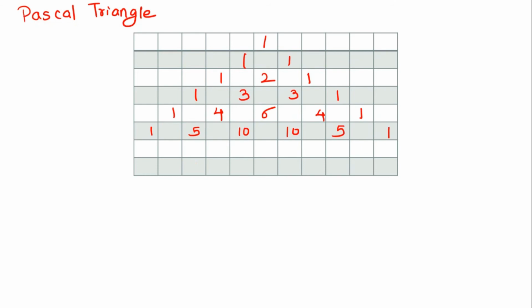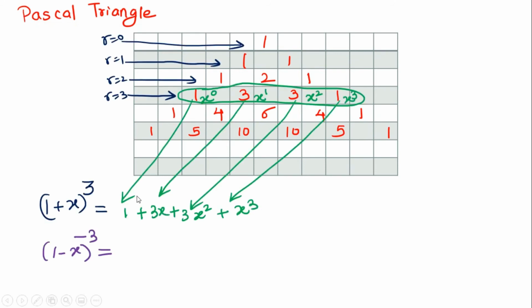Now based on this Pascal triangle, we are having questions like how you will expand this equation, 1 plus x or 1 minus x to the power n. If your equation is of this kind, from this Pascal triangle we can easily get the answer. So if I want to calculate 1 plus x to the power 3, here positive power 3, you have to go from top to bottom and look for the row which is having r equal to 3.